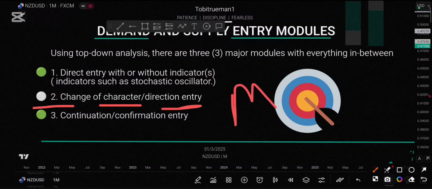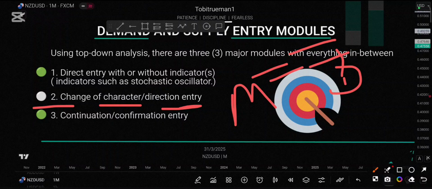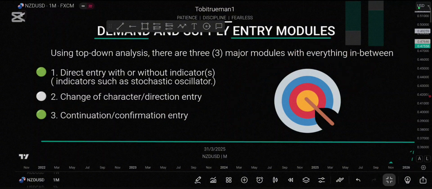On the monthly we spot a supply zone, then we go to daily. What can we do when price comes to the daily supply zone? Can we enter on the daily? Can we enter on the weekly? Monthly, weekly, and then daily, and so on. That's going to be our topic for number two.